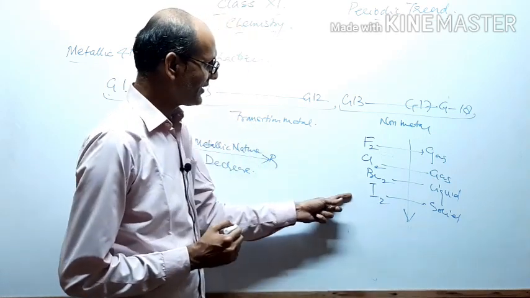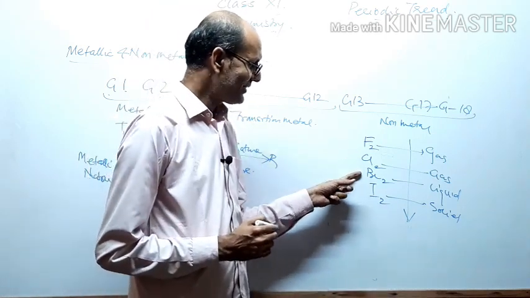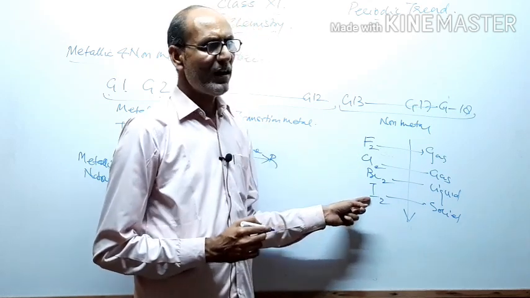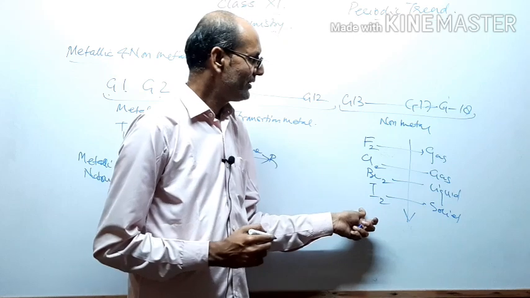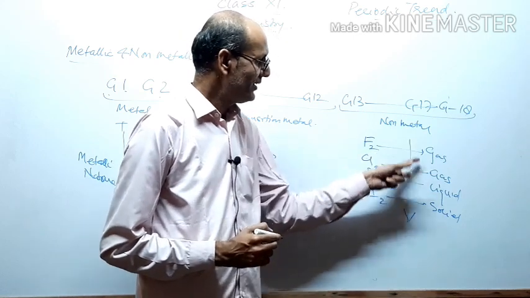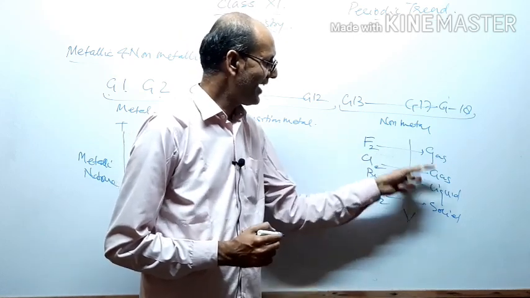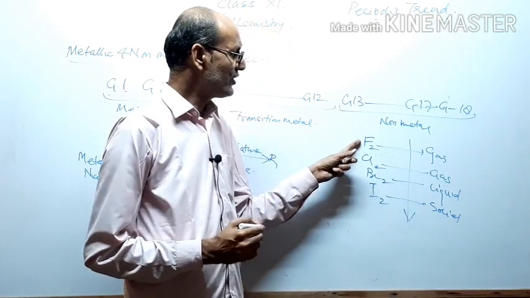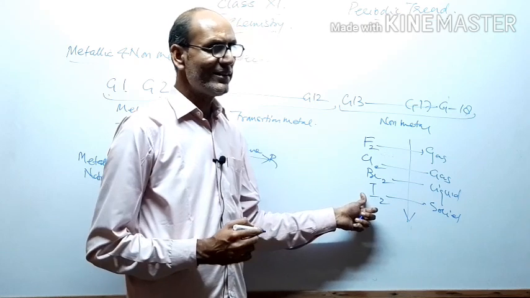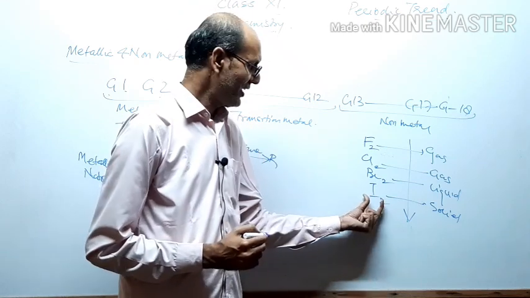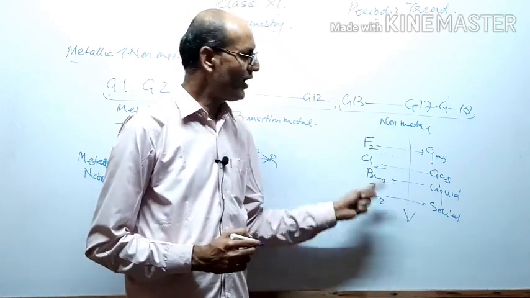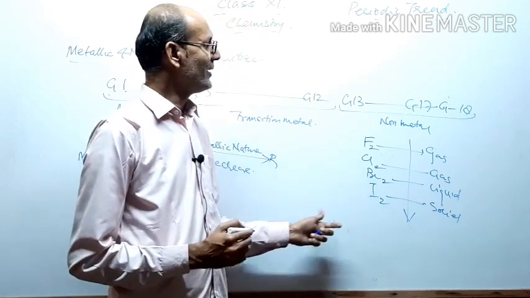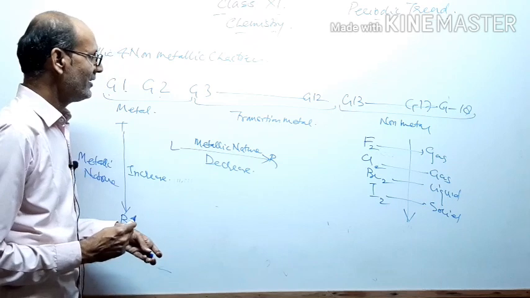So what you are seeing from gas, liquid and solid, when you move from fluorine to iodine, the state changes from gas to solid. Gas has no luster, no shining. Iodine has little luster also, so it contains little metallic character. So on moving from top to bottom, metallic nature or metallic character increases.